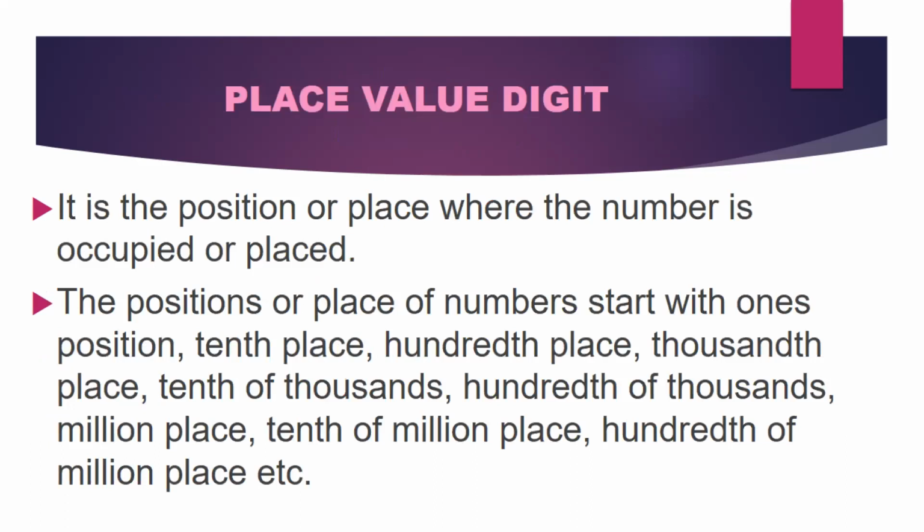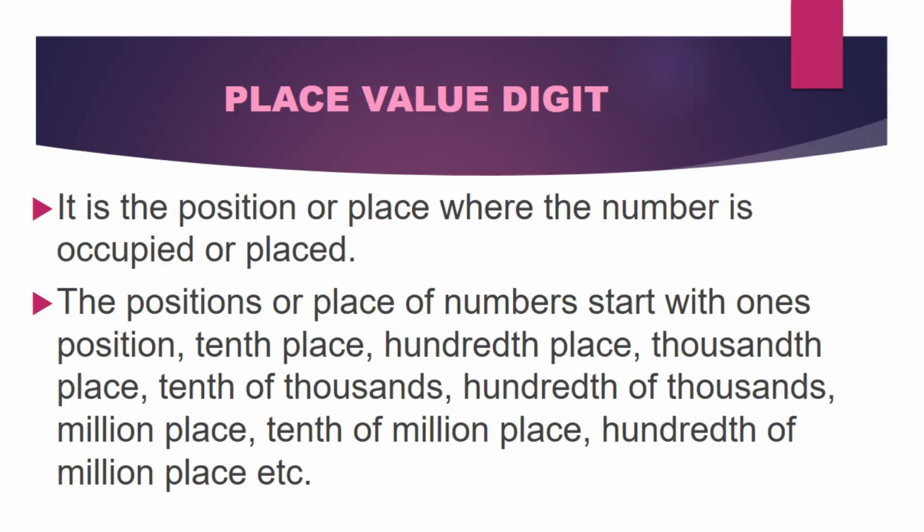When we talk about the place value digit, the place value is the position or place where the number is occupied or placed, the position where a digit is occupied.